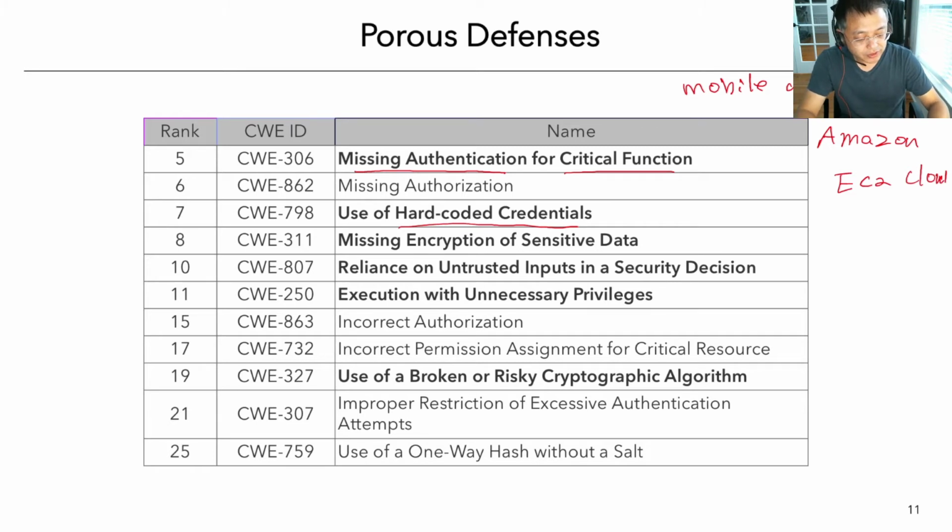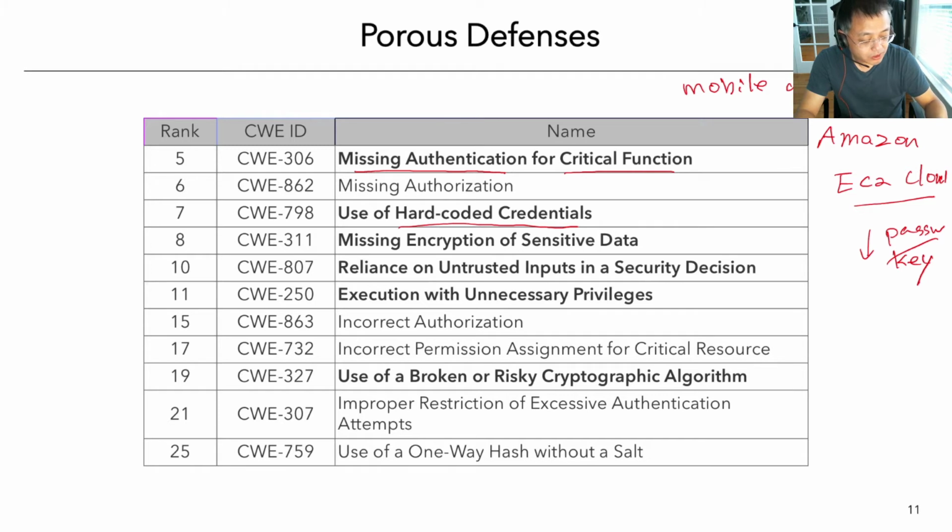For the app to access the EC2 cloud, it needs to have a developer credential, right? It needs to have the password or the key to access the EC2 cloud.